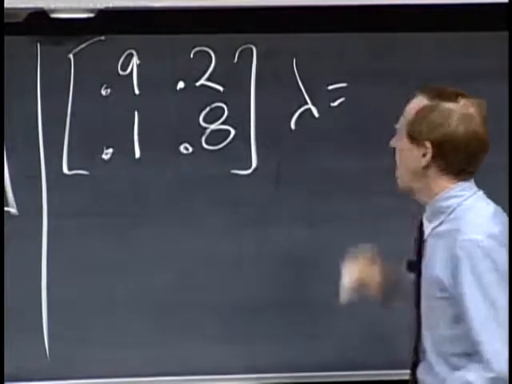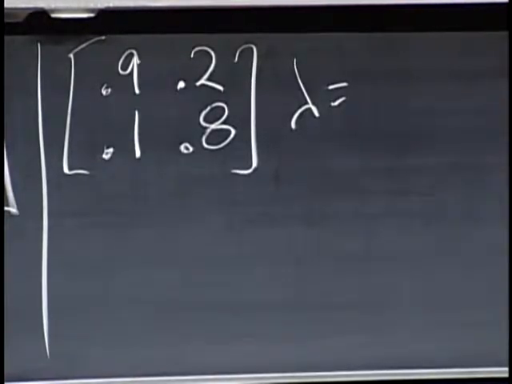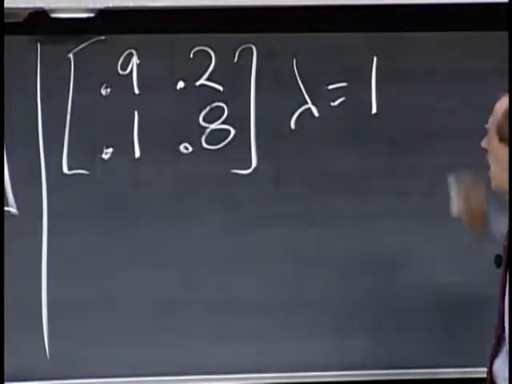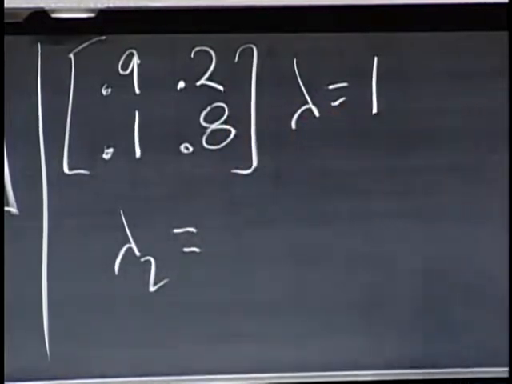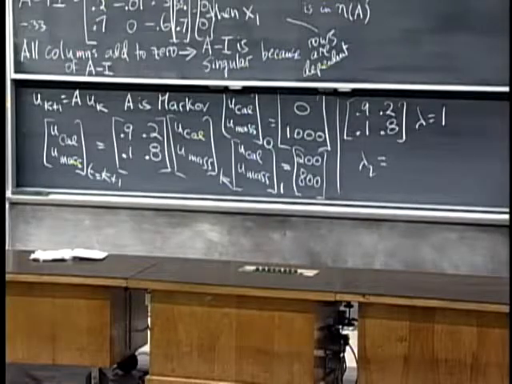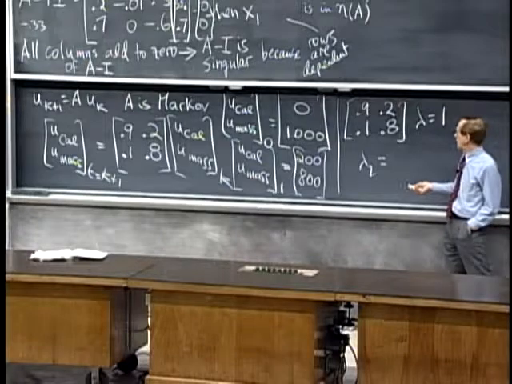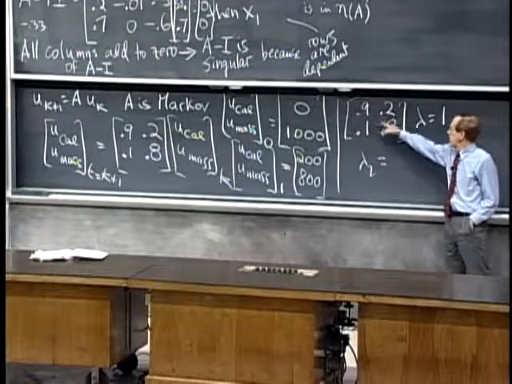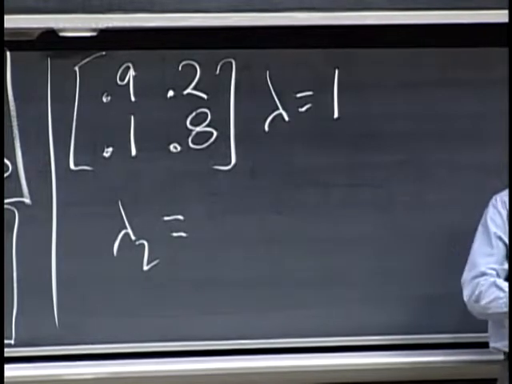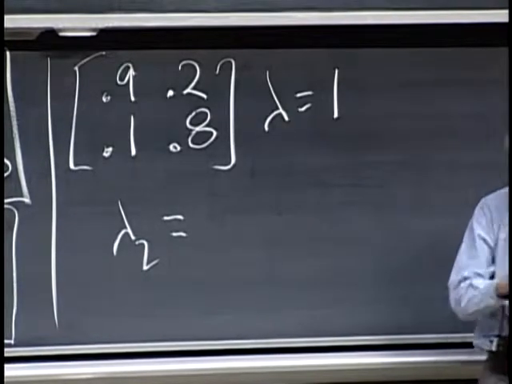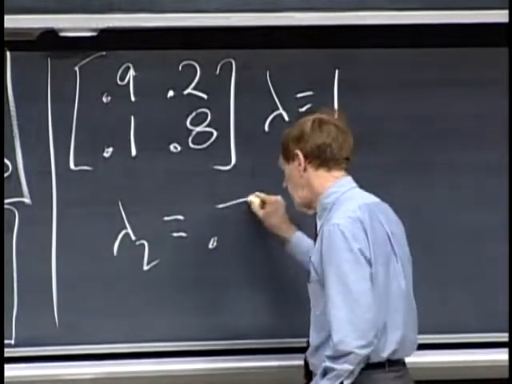Lambda equals, so tell me one eigenvalue. 1, thanks. And tell me the other one. What's the other eigenvalue? From the trace or the determinant, the trace is easier. So the trace of that matrix is 1.7. So the other eigenvalue is 0.7. And notice that it's less than 1.